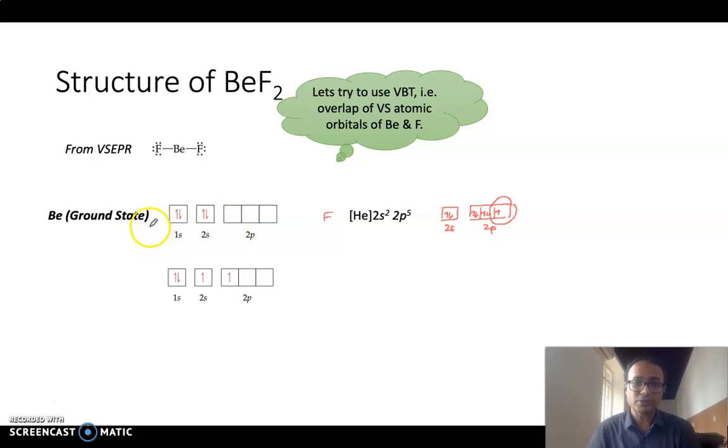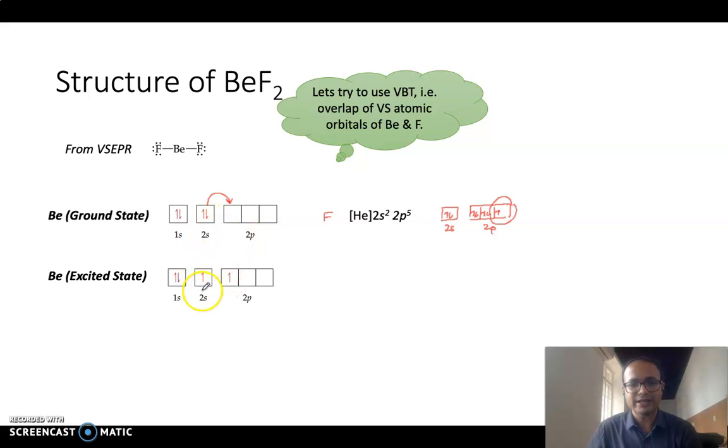So in order for beryllium to undergo any kind of bonding, we have to envision another electronic configuration, which we refer to as the excited state electronic configuration of beryllium. We excite one of the valence electrons in the 2s orbital to the empty 2p orbital.